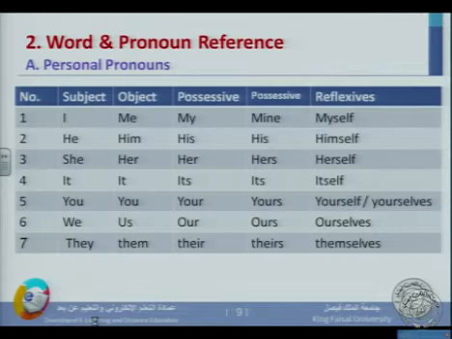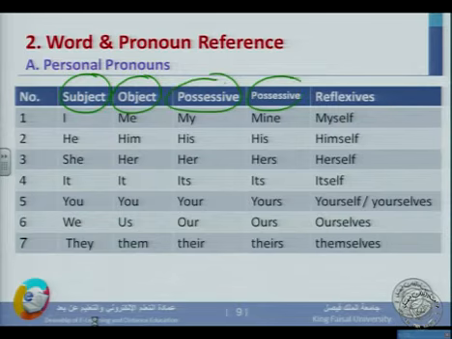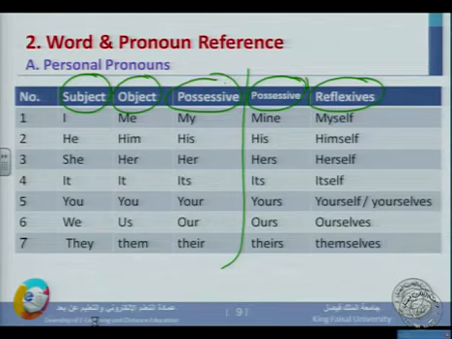As you can see, we have subject pronouns اللي بتكون في محل فاعل. We have object pronouns. We have possessive pronouns. We have also possessive pronouns and reflexives. We're going to discuss the main three sections right here. We will start with the first one, the subject.